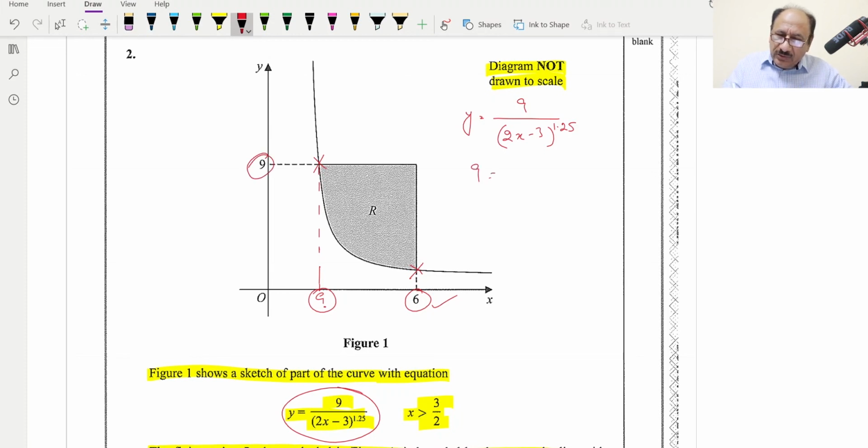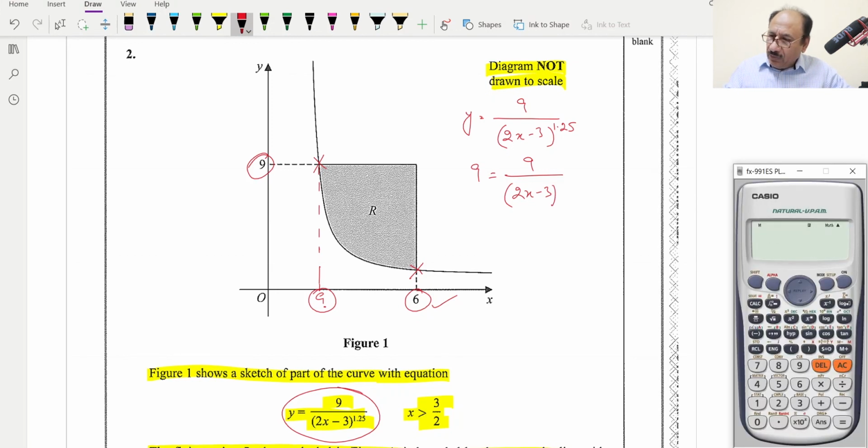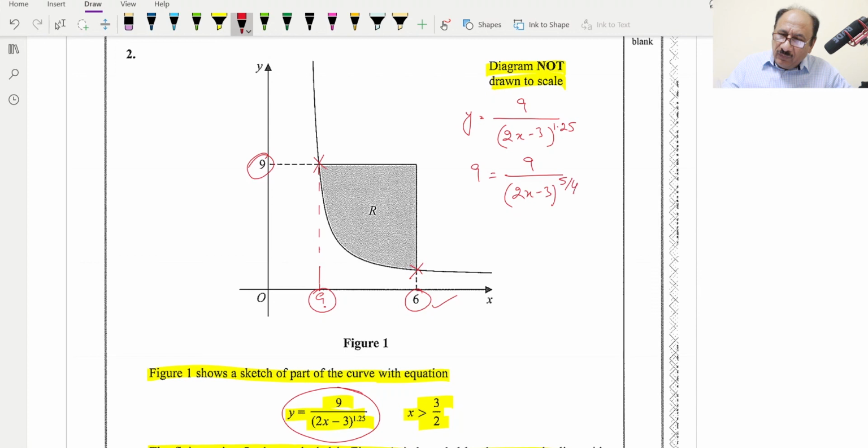So 9 is equal to 9 over (2x minus 3) to the power 1.25, which we can check in fraction form. 1.25 is 125 divided by 100, so this will be equal to 5 by 4. So we can write 5 over 4, and simplify further. This will be (2x minus 3) raised to the power 5 by 4 is equal to 1. So 9 we shift to the other side, and 9 will be cancelled.